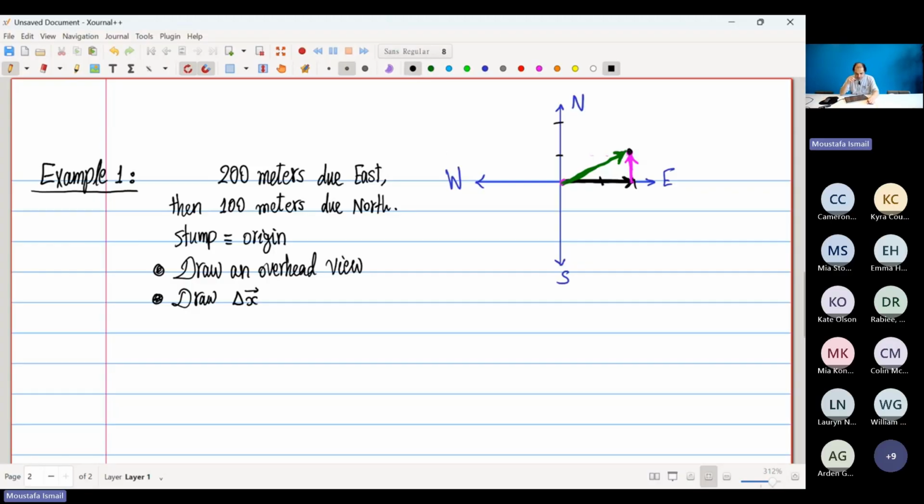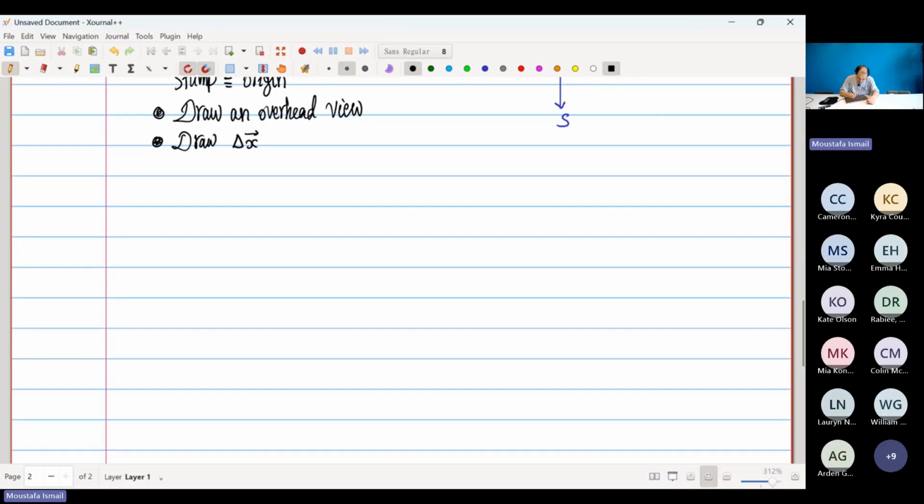The second part of the example asks, how far away is Bob from the tree stump or from the origin? So basically, how far is this? So we want to get the length of this vector, basically. So let me draw a larger picture here. So we have a triangle of vectors.